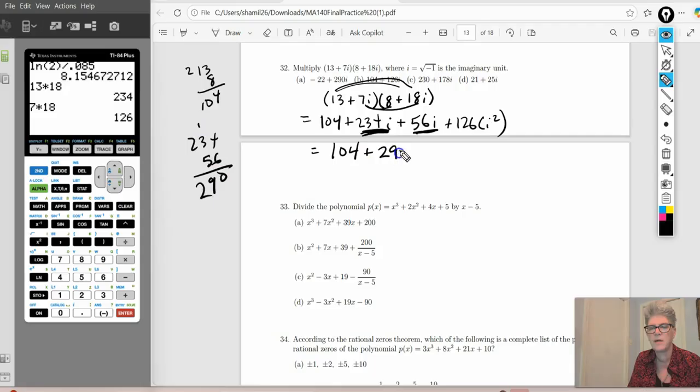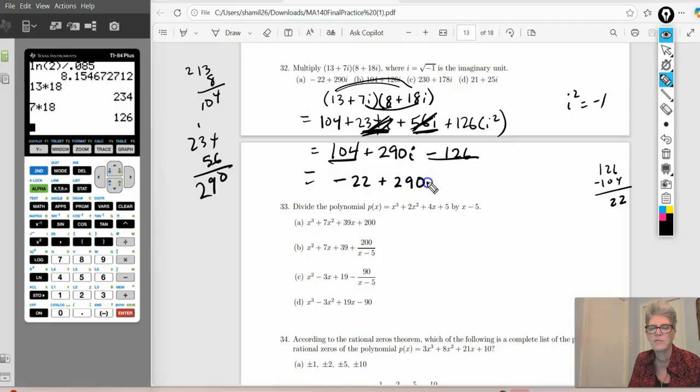So plus 290i. And then i squared is equal to -1. And then I'm going to have 104 minus 126, which I'm going to do like this. So 104 minus 126 is -22.